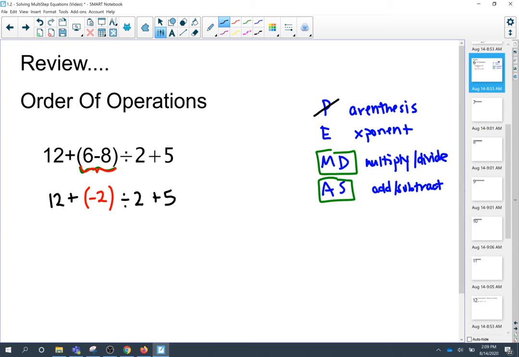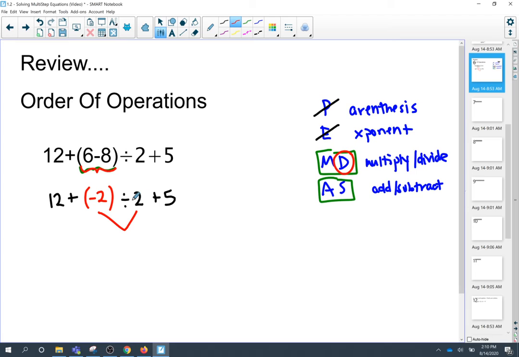Moving on, exponents. That's like 2 to the 2nd power, 3 to the 4th power. Do I have any in this expression? No. So I'm going to move on. Multiplication or division? Well, that's addition. That's division. That's addition. So I have to do division. So division is next. Here's the division sign. -2 is touching, 2 is touching.